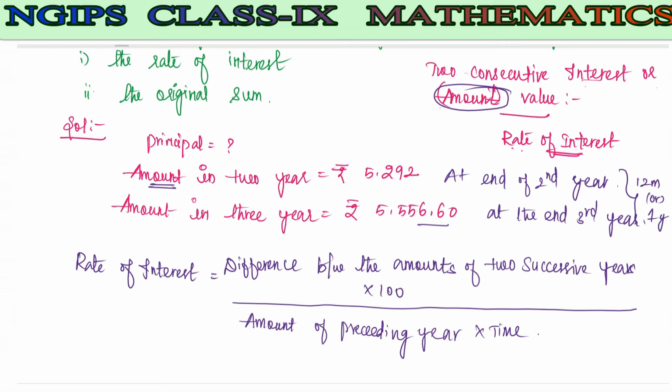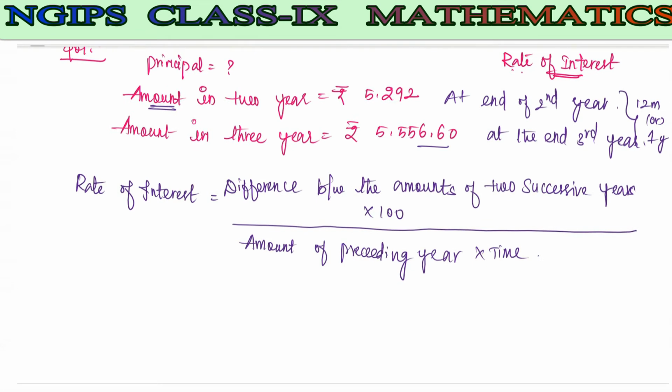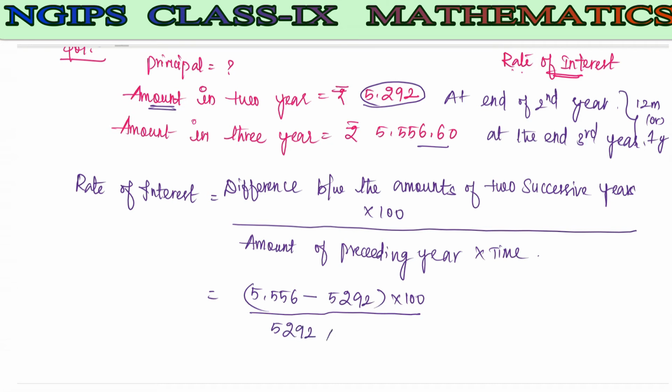So the time period is 1 year. I can write the difference: 5556.60 minus 5292, into 100, divided by the preceding amount 5292, into the time duration, which is 1.